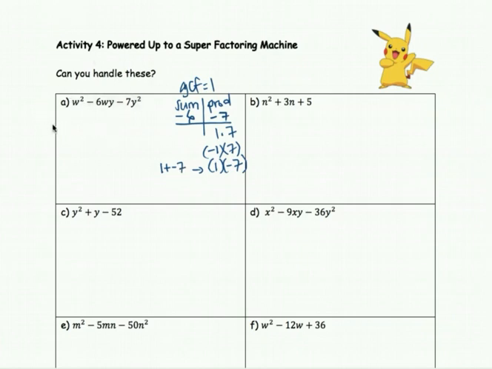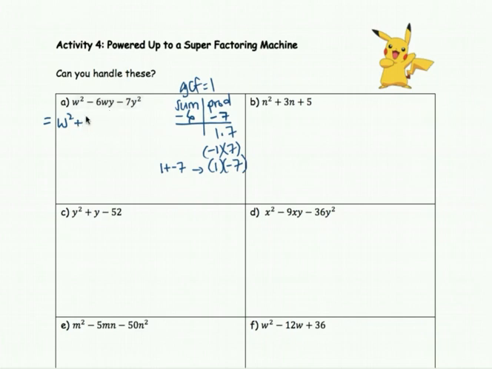All right, so from there, what did we do? We always decompose the middle term. So we'll write w squared, and then plus 1. Remember how it was always just one letter here, x, so we'd write 1x, and then -7x. But here there are 2 letters, so just write them both.